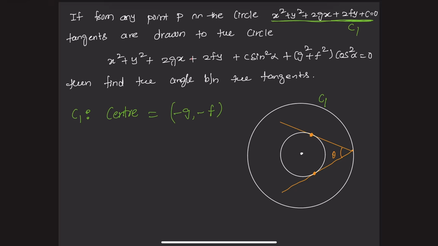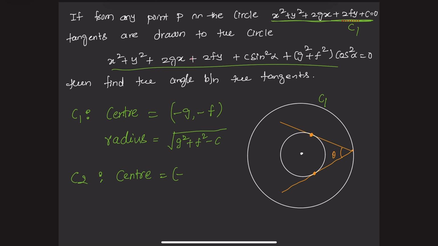All right. And the radius is square root of g square plus f square minus c. Now there is another circle given, this one. For this circle also, the center is (-g, -f). So these two circles are concentric circles. All right, they have the same center. Now we have to find out the radius.